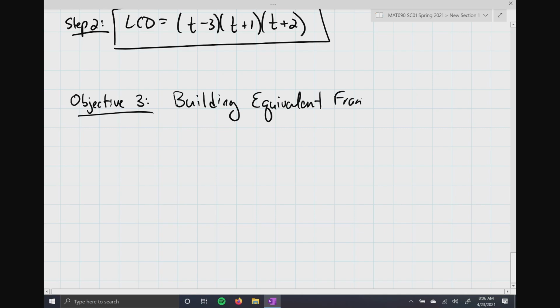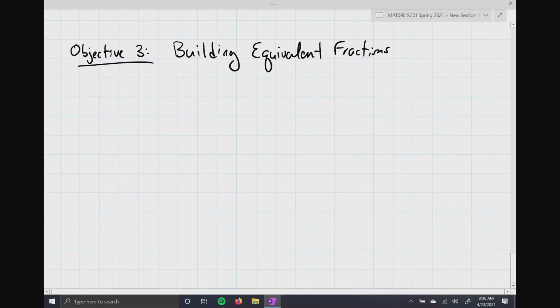Now we're going to do a couple examples of this, because once you see it, I think it's pretty simple. So the goal here is to just kind of think outside the box a little bit.